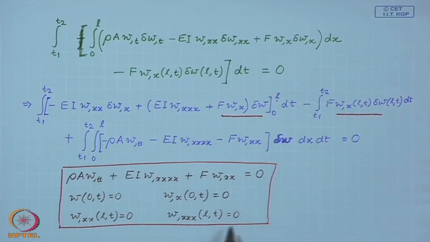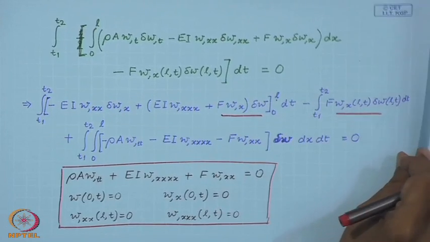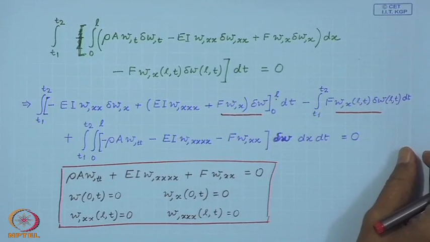So, finally, all the boundary conditions are homogeneous, and this is a very surprising thing in the case of the beam with the follower force.